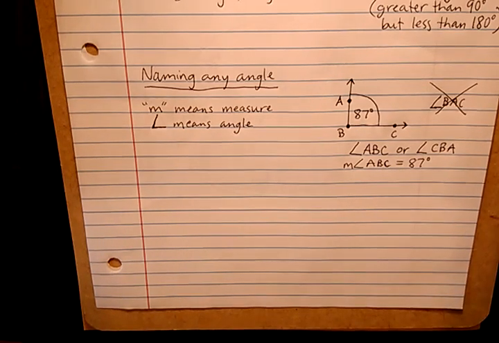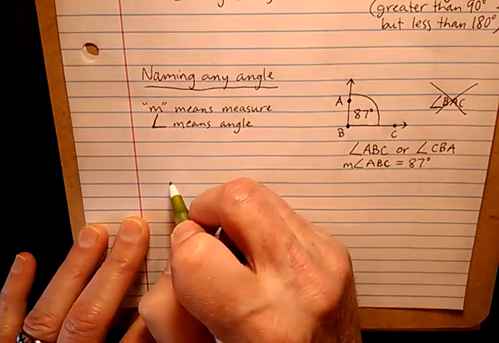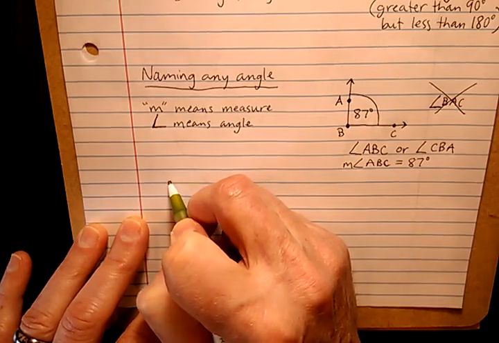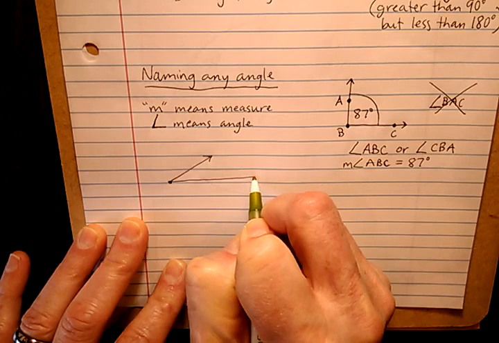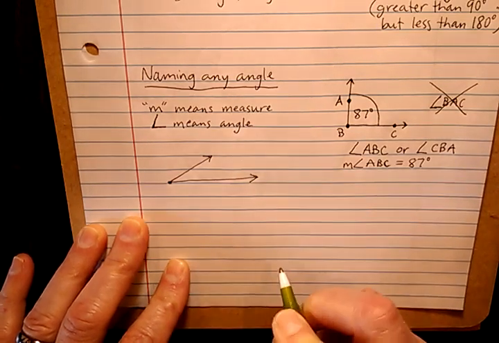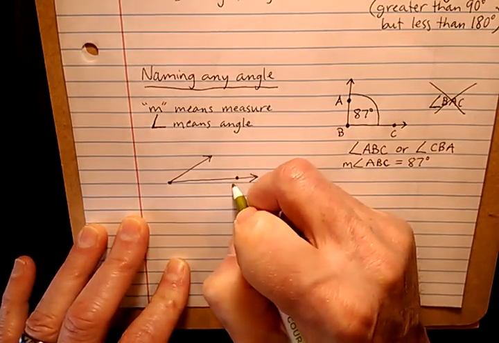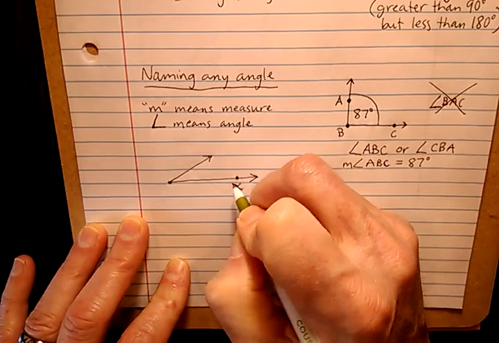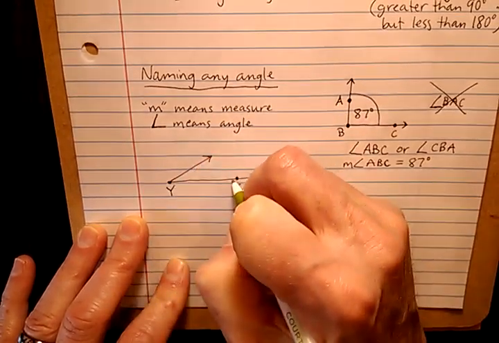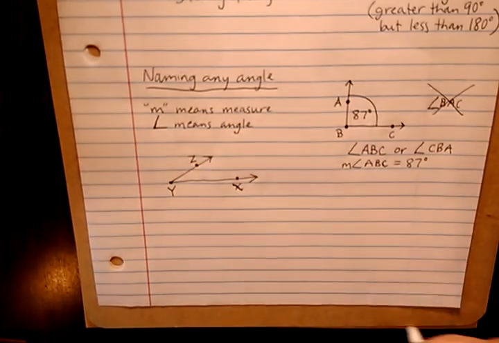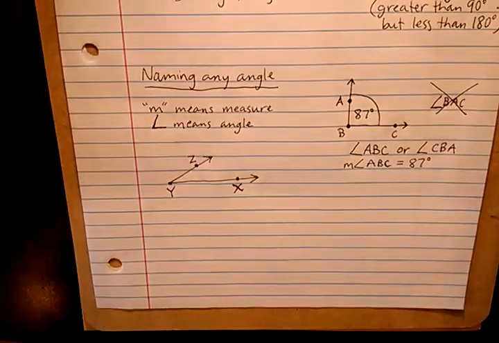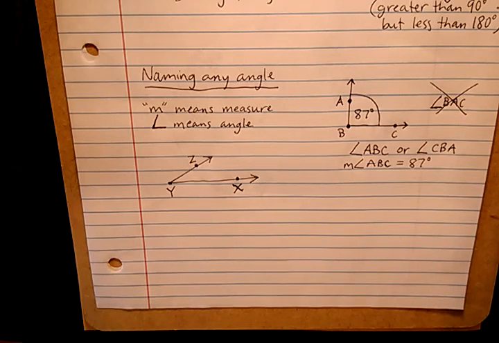Let's do just a couple more real quick. So we're going to draw an acute angle this time. This way and this way. And we're going to call this X and Y and Z. So if those are points X, Y, and Z, what are the two names that we could give to this angle?